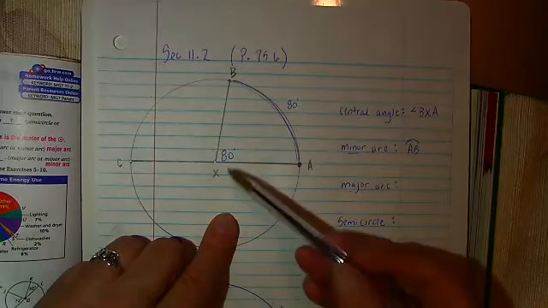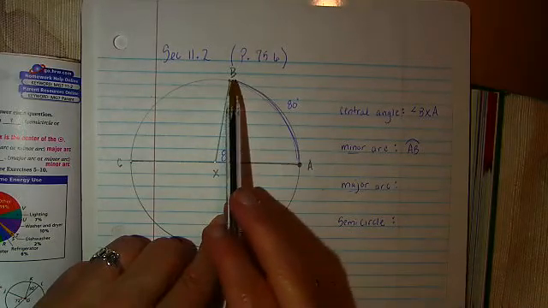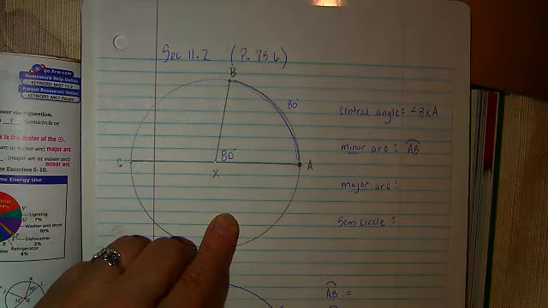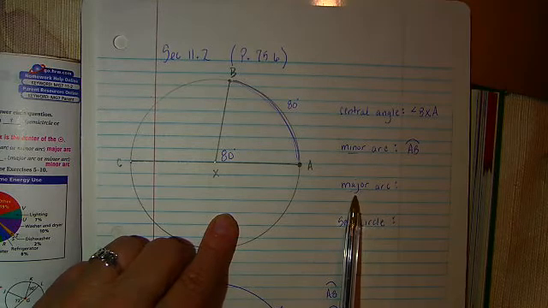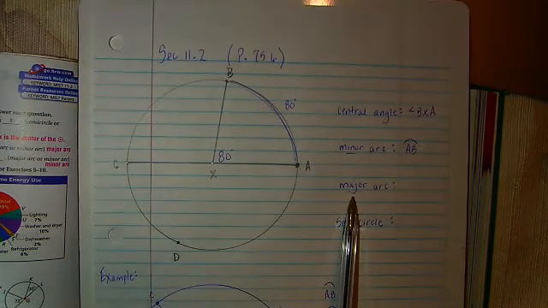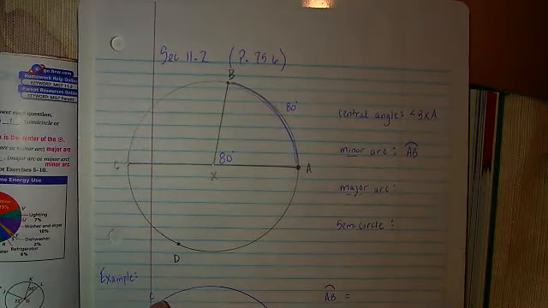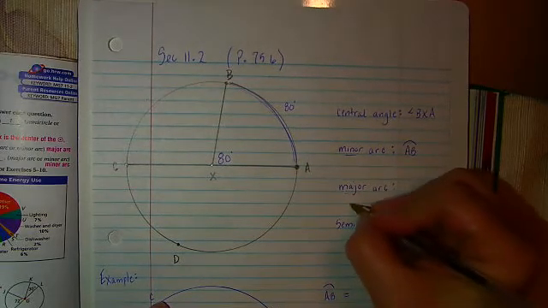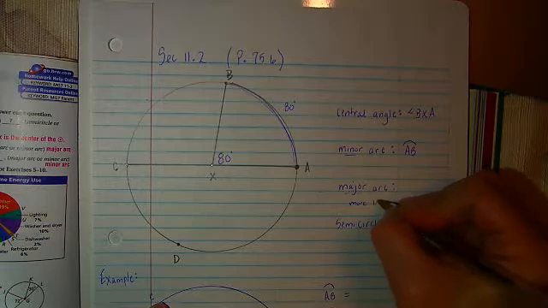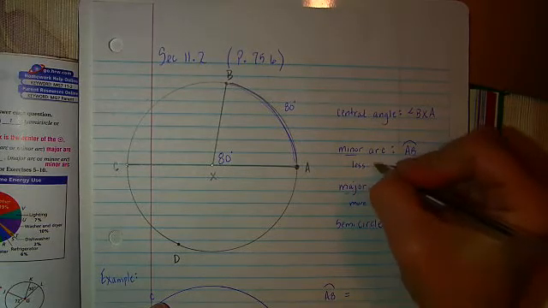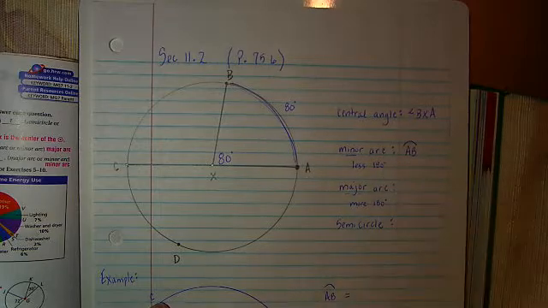All right, so the central angle will be the same as the arc measure. Okay. A major arc is going to be a larger arc, okay? A major arc is going to be more than 180, and a minor arc will be less than 180 degrees, all right?